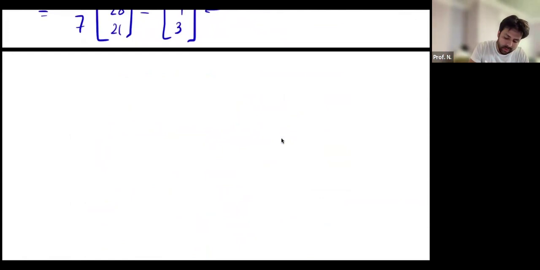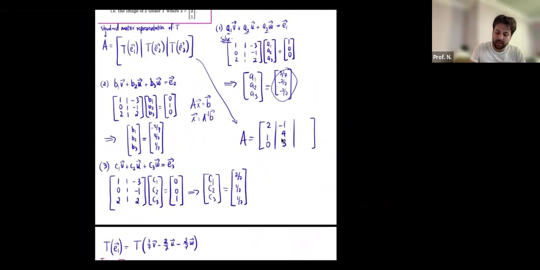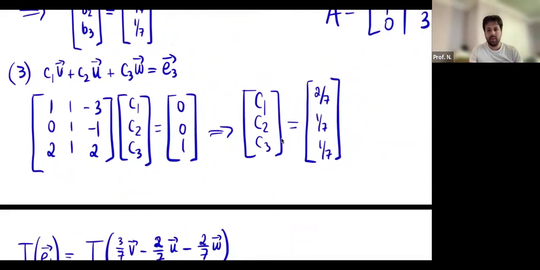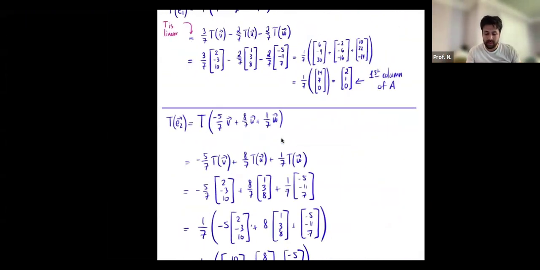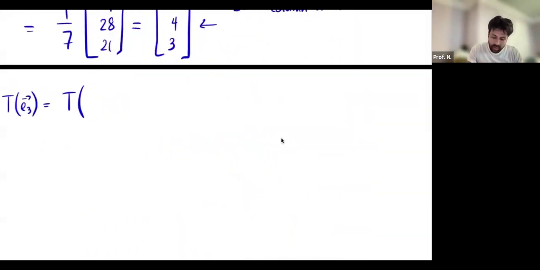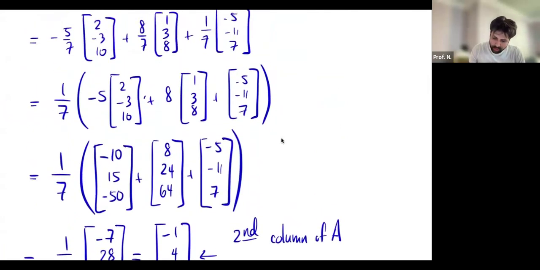Okay, so let's do this one more time. So T of E3. I go to the third system that we solved. We got 2/7, 1/7, 1/7. So you got 2/7 of V plus 1/7 of U plus 1/7 of W. Did I switch this around?